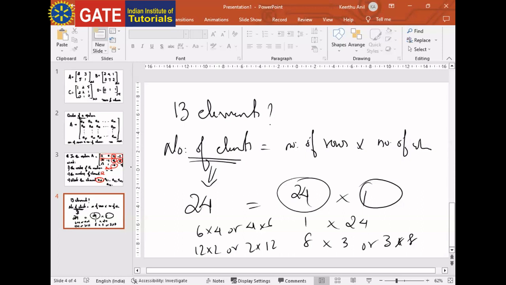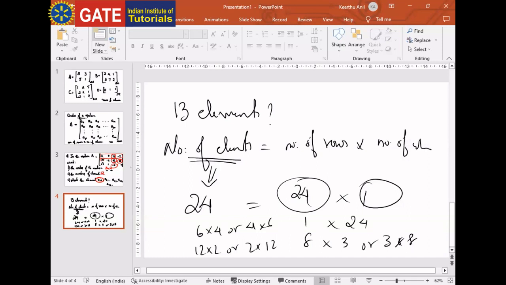Now, what is asked in the second part? What if it has 13 elements? 13 is a prime number. We cannot divide 13 with any other number. Only 13 and 1 is possible. So you will be having a matrix which has 13 rows, or it will be having 13 columns.